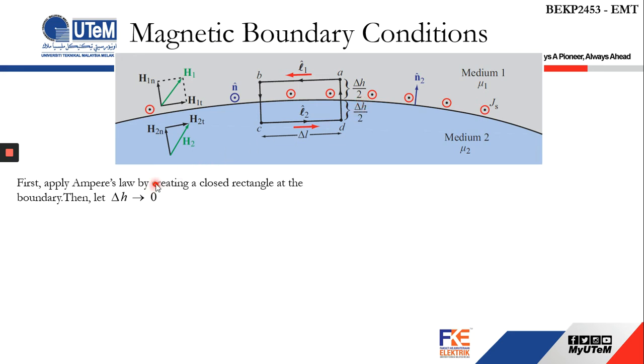Then we let delta H approach 0. In other words, we shrink the lines AD and BC until they approach the boundary. So we have only a thin rectangle that covers just the boundary.